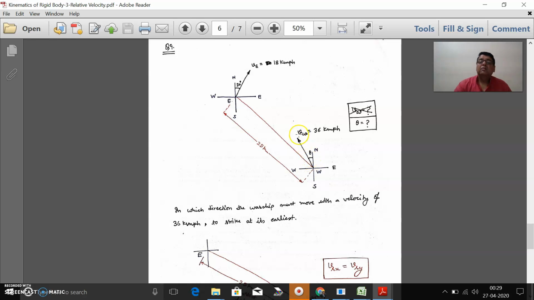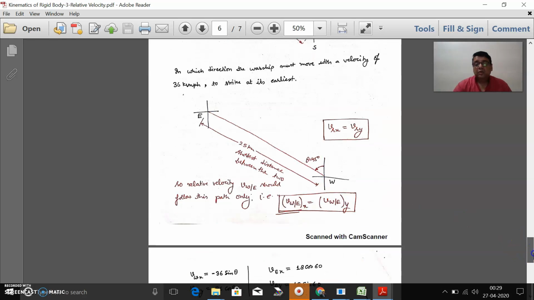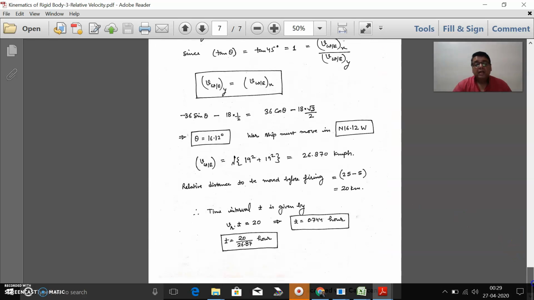This is the actual velocity of warship, whereas the relative velocity of warship with respect to enemy ship will follow this red color path, right? So this is what this value. Rest, relative distance to be moved before firing is, okay, sorry, the firing range was 5 km only.